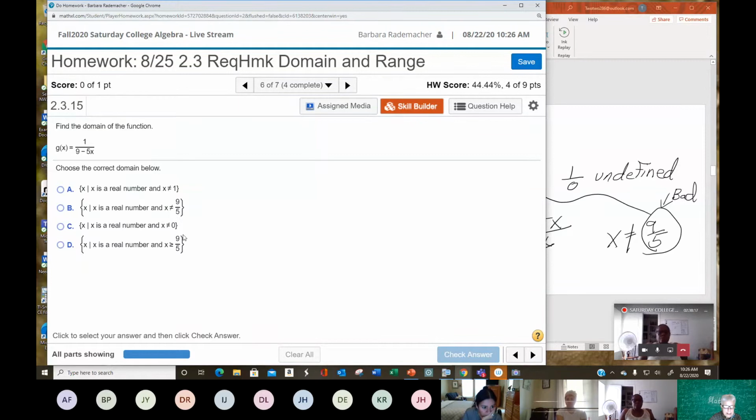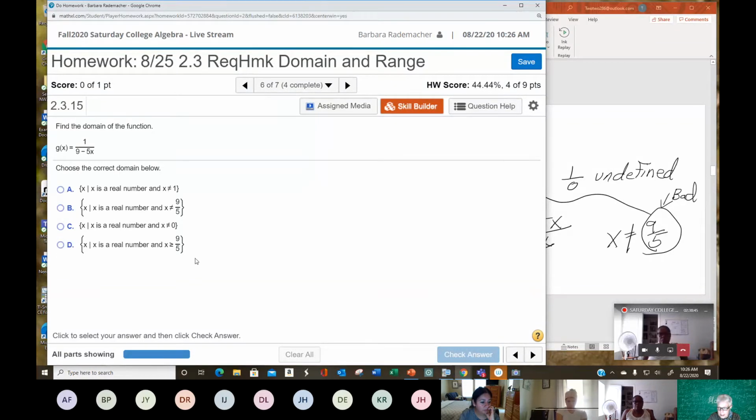Now 1 and 0, look at all the cannot equals. Now from our work that we just did over here, we never said x cannot equal 1 or x cannot equal 0. So you would immediately not even consider A or C as your answers. So the only answers that have 9/5 in them are B and D.